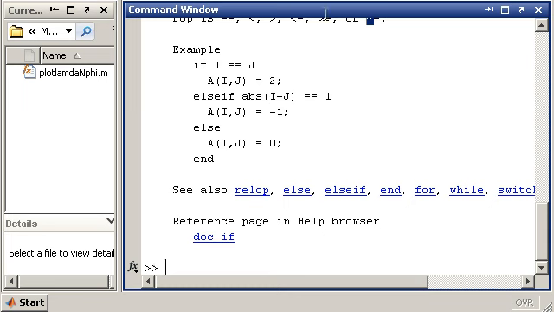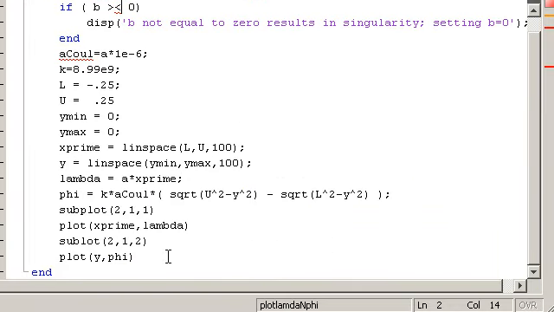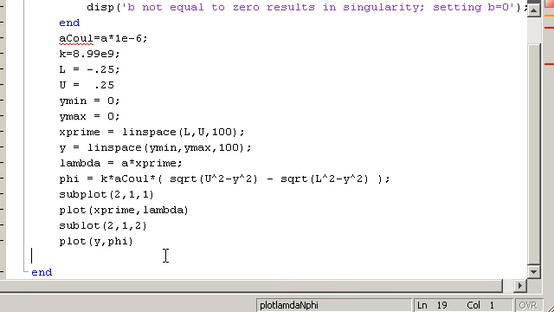So go back to the editor. Squiggle equal.